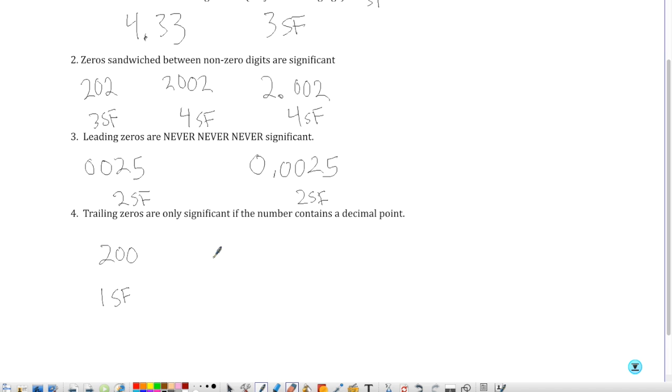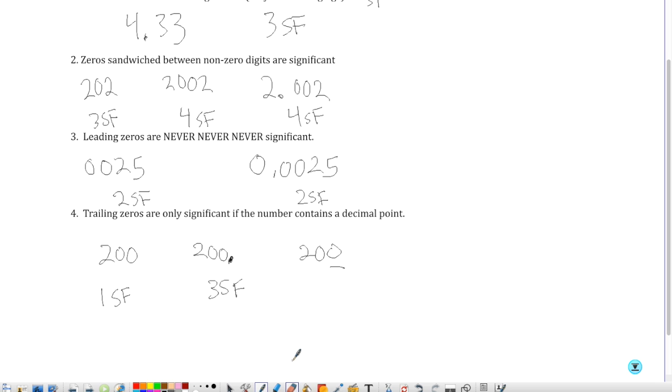Okay? Now, if I write it like this, now I'm specifically representing something else. This is 3 significant figures, because now I have a decimal point. All right, there's another way that you could represent this, which I don't use much in this class.